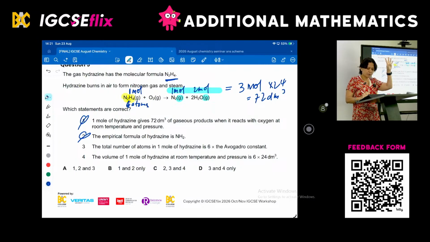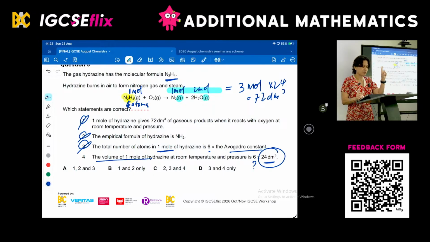So the total number of atoms in 1 mole is 6 multiplied by Avogadro's constant. Correct. The volume of 1 mole is just 24. It has nothing to do with 6. So number 4 is wrong. So the answer is A, 1, 2, 3. Got it?